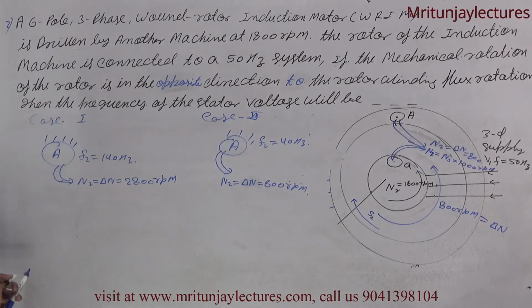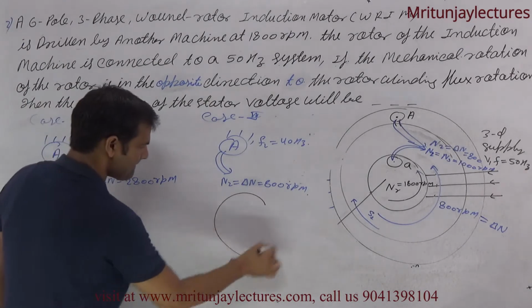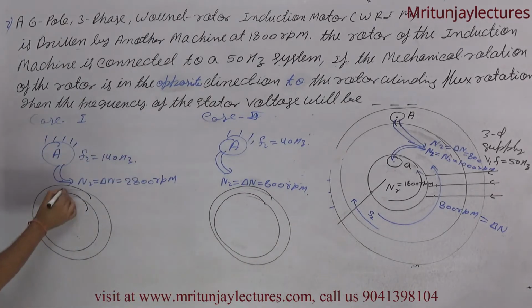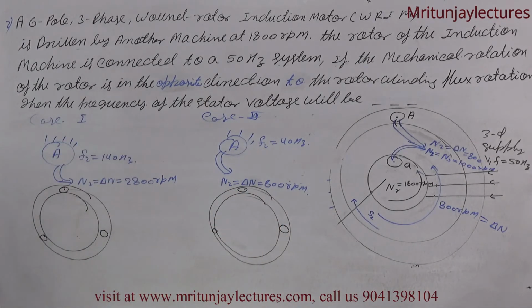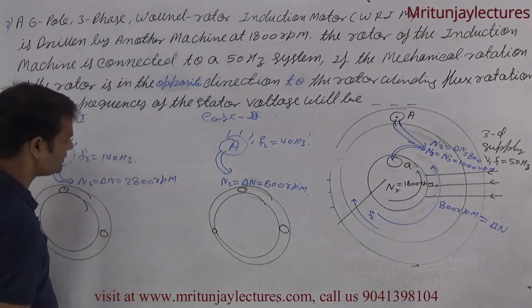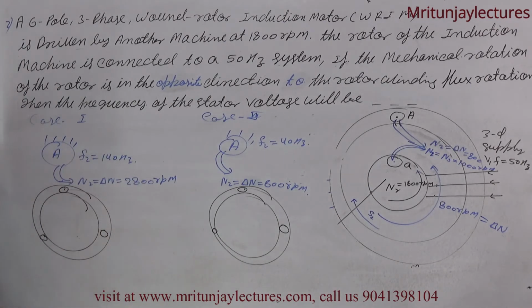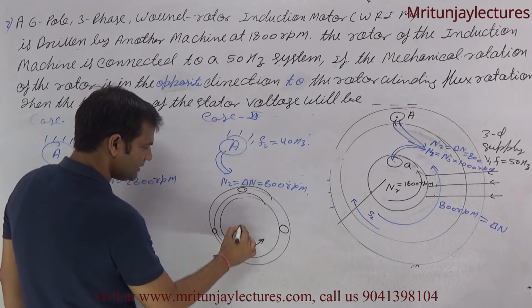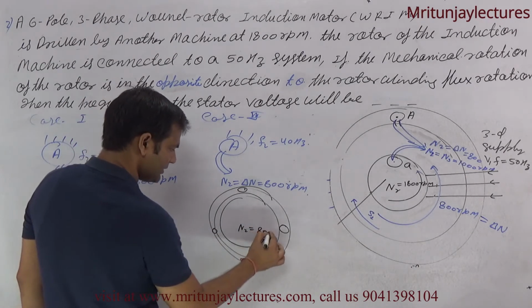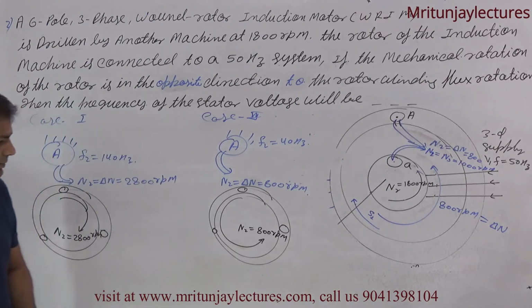Now, what about phase sequence? First of all, if you have any doubt, on the stator. Now, I know that in case first the speed is 2800 RPM, and in this case N2 is 800 RPM. Clear?